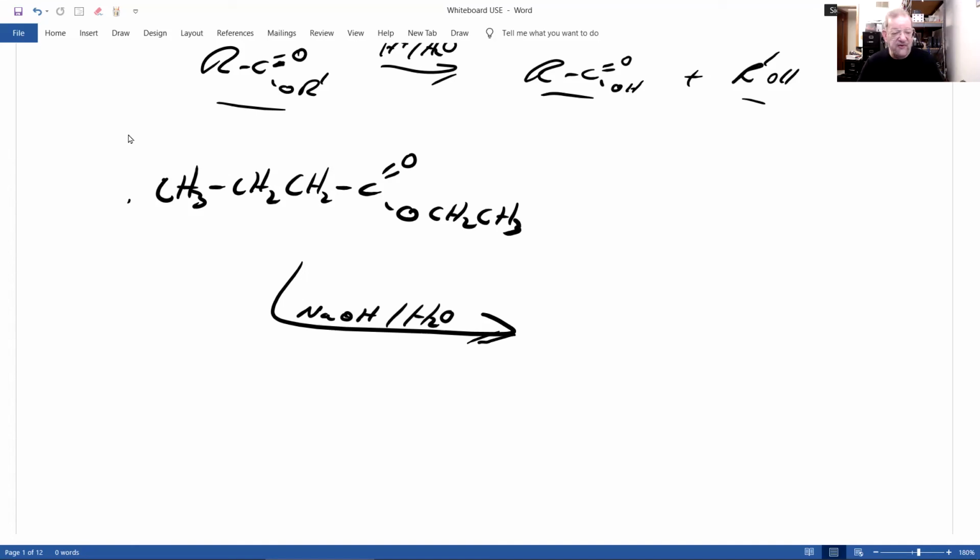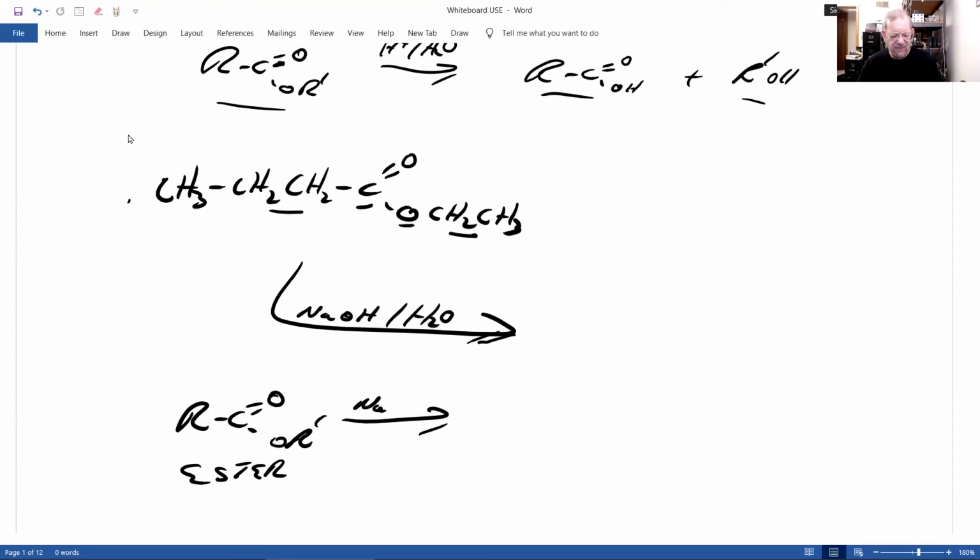But anyways, what's different here? Ooh, a carbonyl, oxygen, carbons here, carbons on the carbonyl: an ester. I'm reacting it with base and water. Remember, sodium hydroxide is a base.